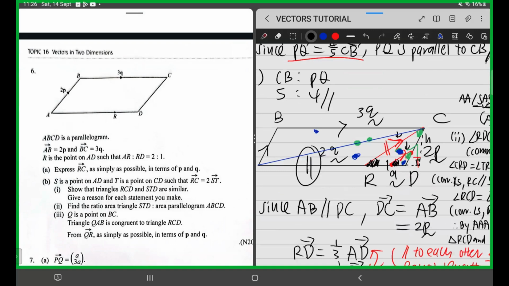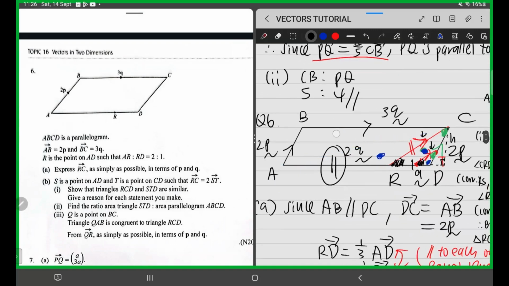RCD. Okay, I'm going to erase all this. Okay, RCD.